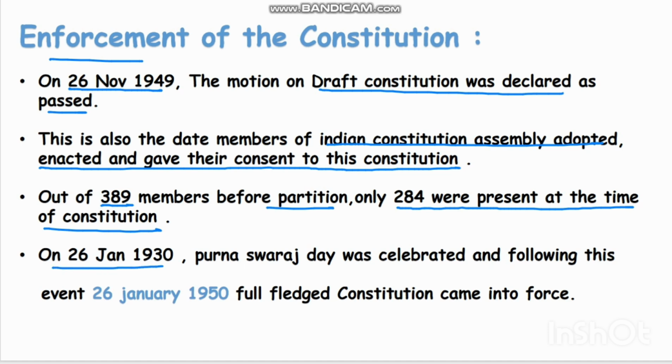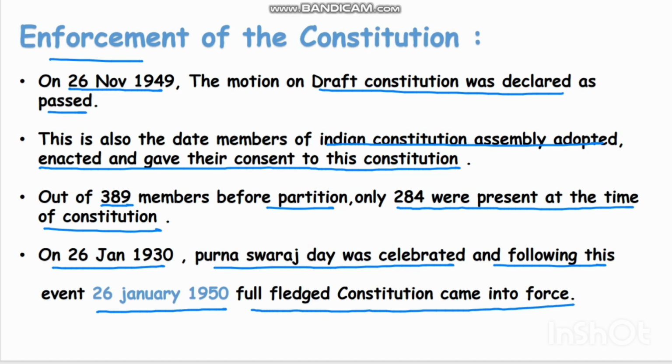On January 26, 1930, Purna Swaraj Day was celebrated, and followed by that, on 26 January 1950, the full-fledged constitution came into force.